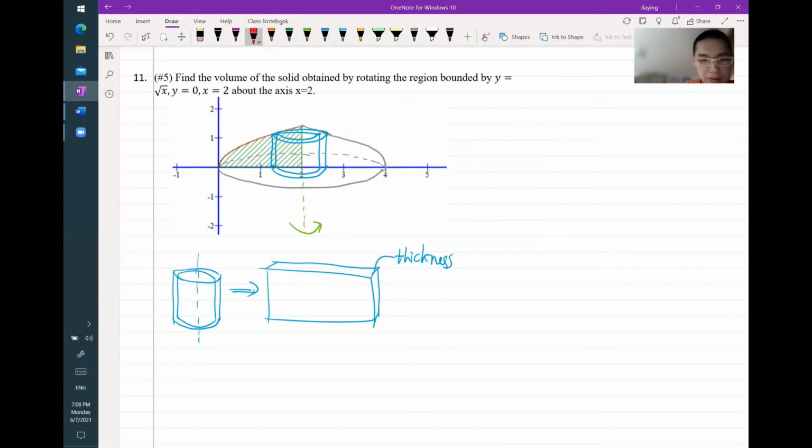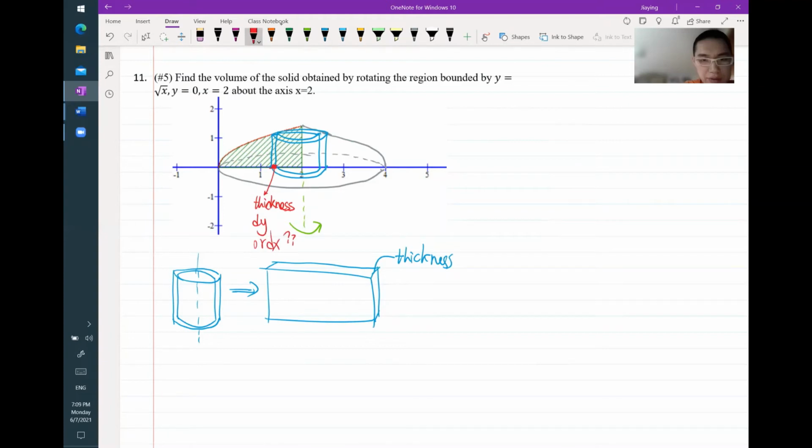Go back to the drawing. So this is the thickness. What is the thickness in this case? Is it going to be dy or dx? It's not dy, right?